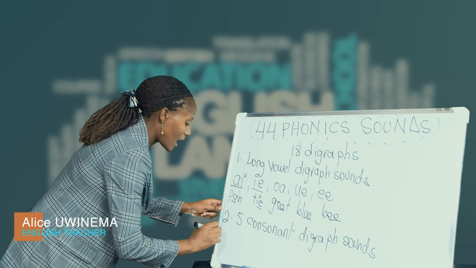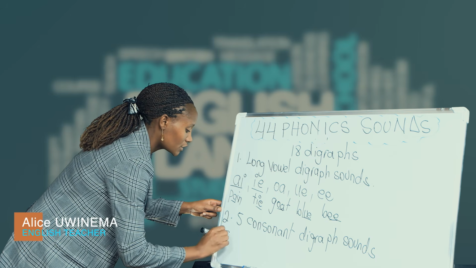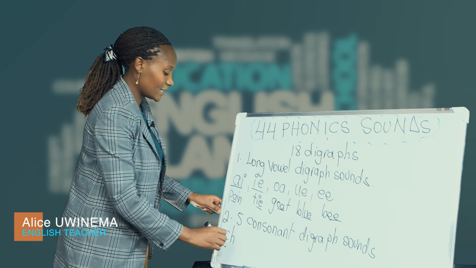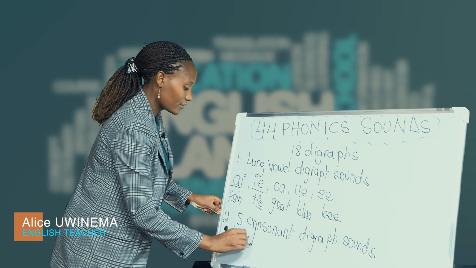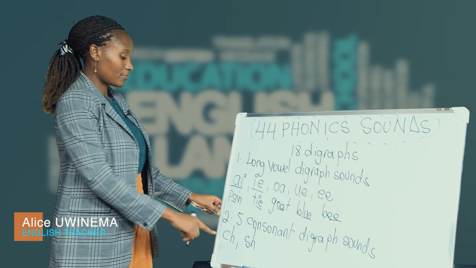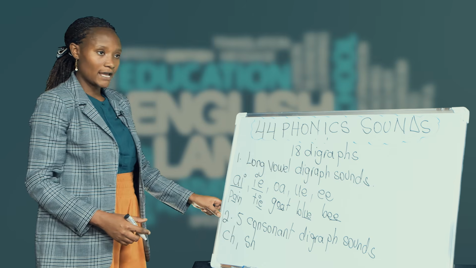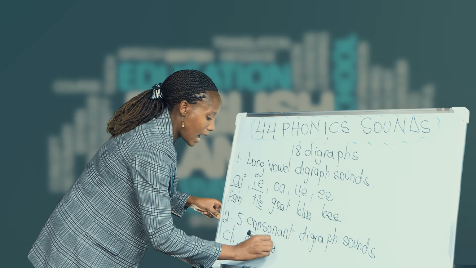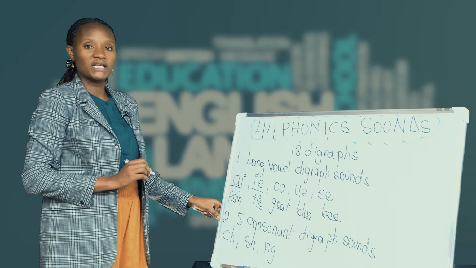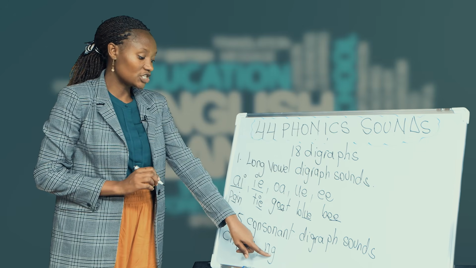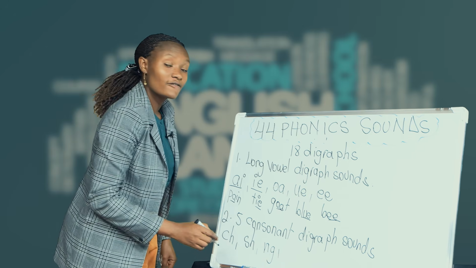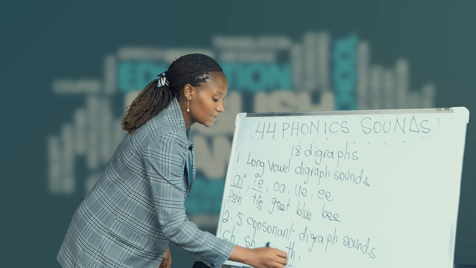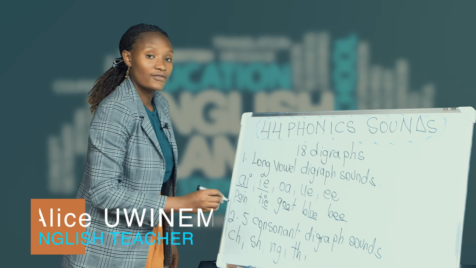Here we have ch, made by C and H. We have sh, made by S and H. We have ng, made by N and G. We have voiceless th and the voiced th.